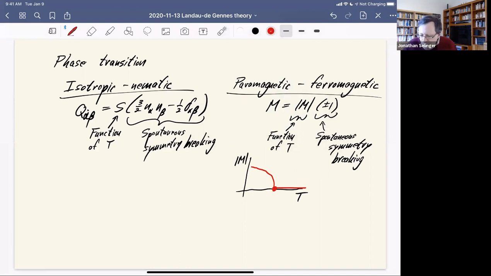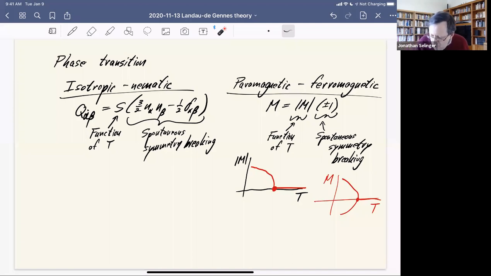So the absolute value is going just up, right? So back, when we were studying it at the beginning of the semester, I plotted it as the M itself as a function of temperature, which could go both ways, there and there. But of course, the absolute value just looks like this. It just increases.